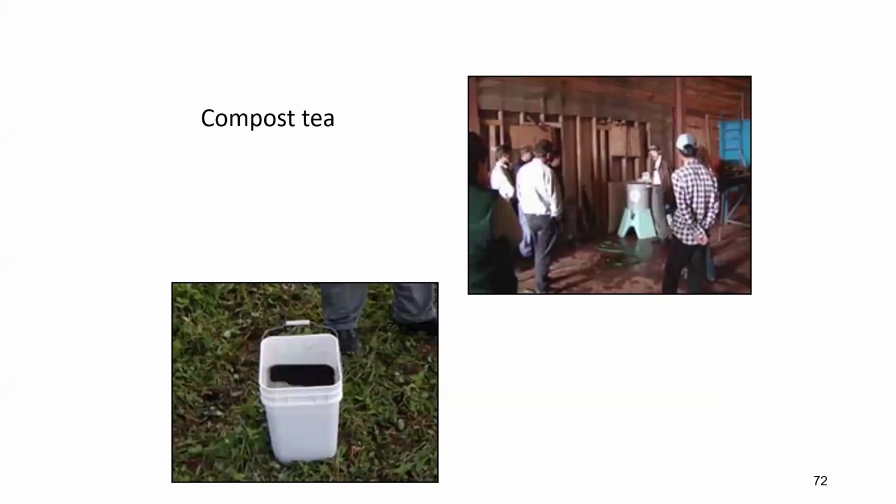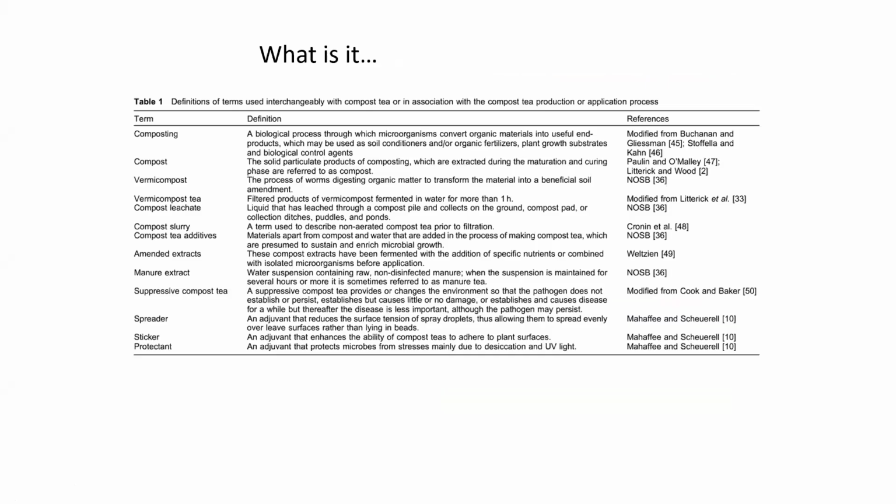I want to end off the lecture by talking about another natural systems approach to pathogen management. Compost tea is something that is talked about quite a bit. What is compost tea? Well, it could simply be compost added into water, and then the water is sprayed on the plot.